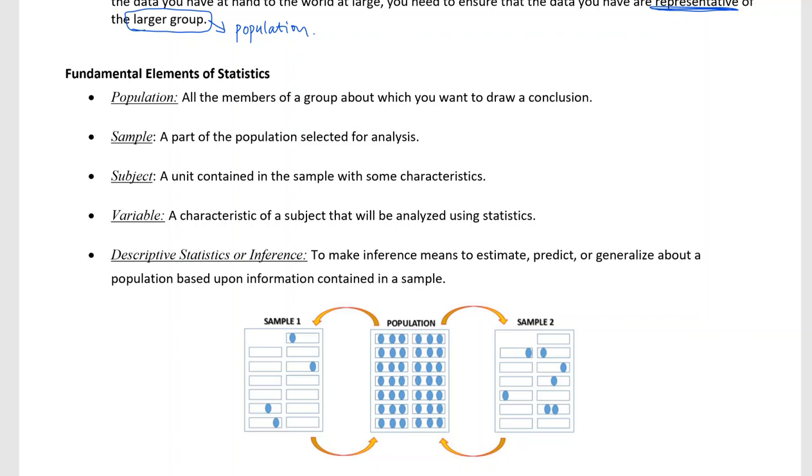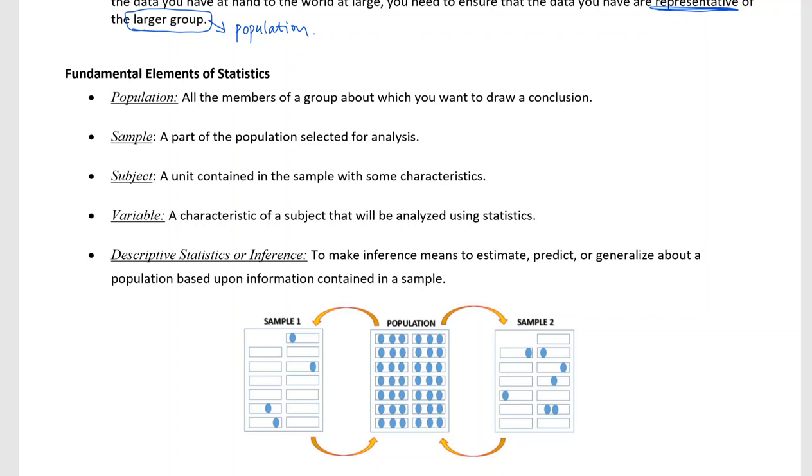We talk about population a lot, but the population in statistics is not always, for example, the United States citizens. One class of 60 students can also be a population. So what is a population?